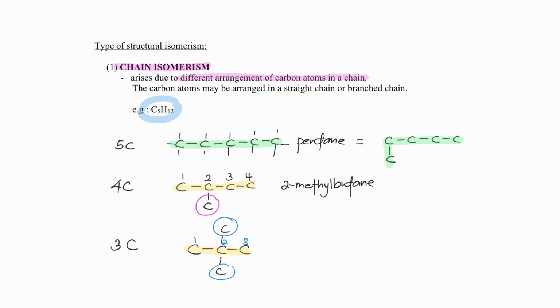We will name it as dimethyl. Both methyl groups are at the second carbon, so it will be 2,2-dimethyl, prop- because the longest carbon chain has 3 carbons, -ane. So the name will be 2,2-dimethylpropane. These are the 3 chain isomers that we could get for C5H12.